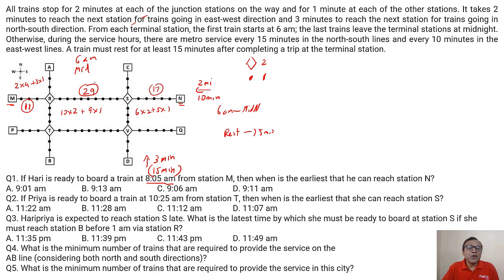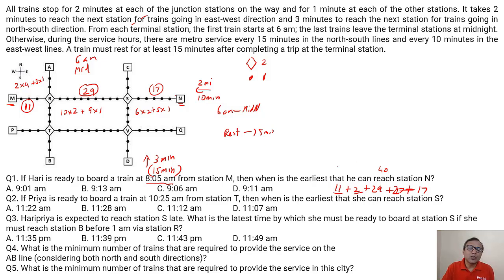So total time to go from M to N is 11, plus 2 minutes at R, 29, plus 2 minutes at S, plus 17. 17 plus 2 is 19, 19 plus 29 comes to 48, 48 plus 2 plus 11, around 61 minutes.